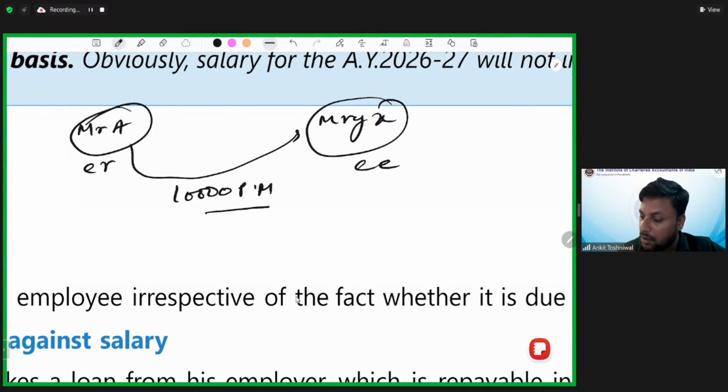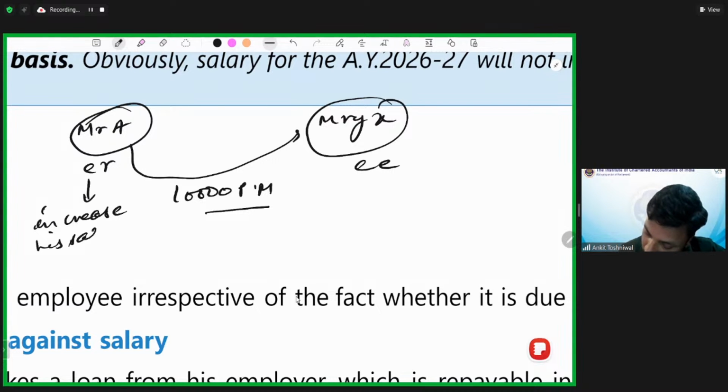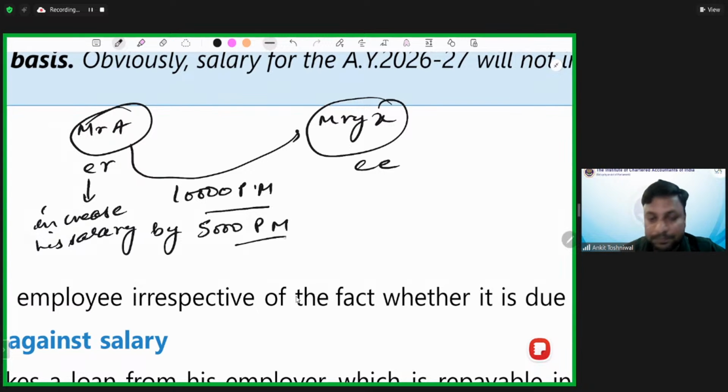Now, the employer increases his salary by 5,000 per month. So from here, his salary will be 15,000 per month.